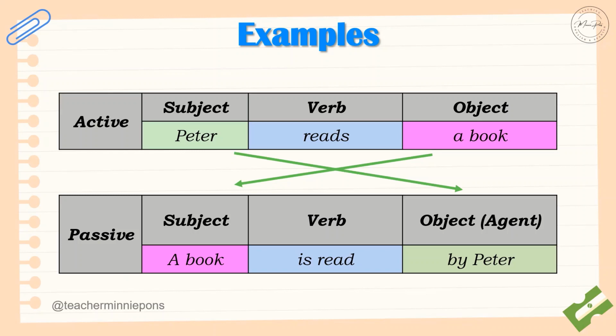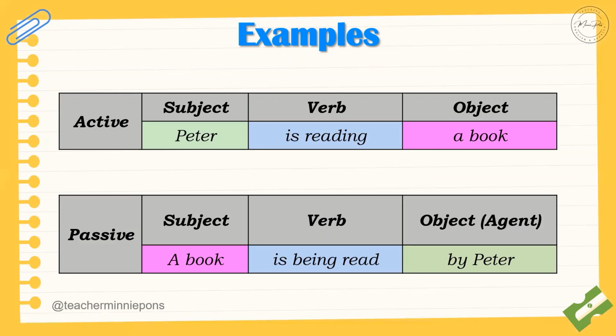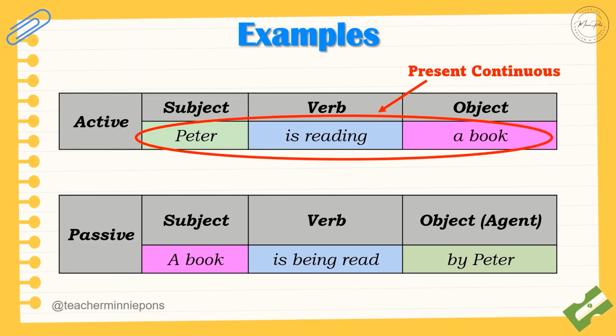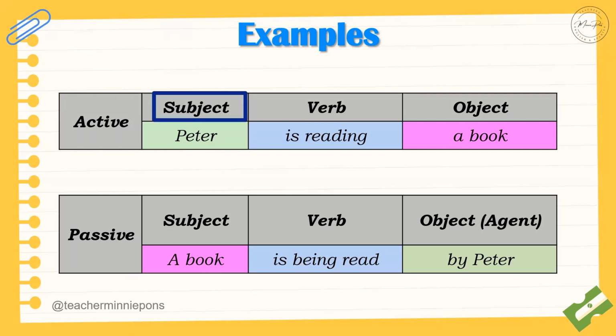Let's see another example. Peter is reading a book. First, identify the tense, present continuous. Second, identify the subject, the verb, and the object, because we have to begin the passive with the object and end the sentence with the subject, that is the agent.